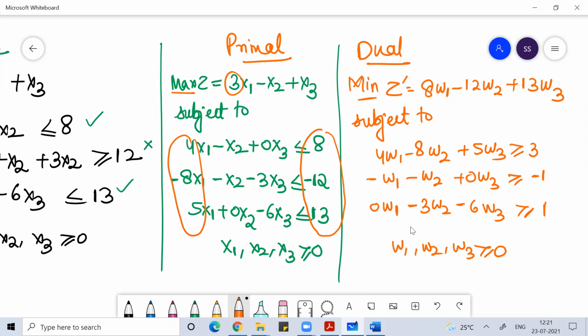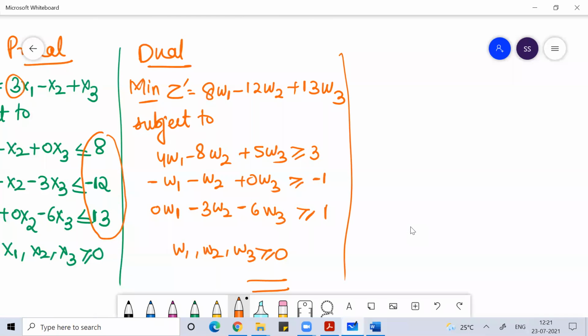Clear, everyone? So in many books, they have finished the question till here. Or if you want, you can write the same dual form like this.